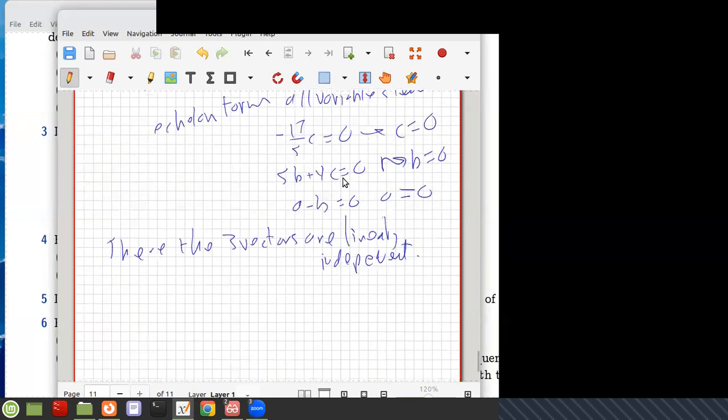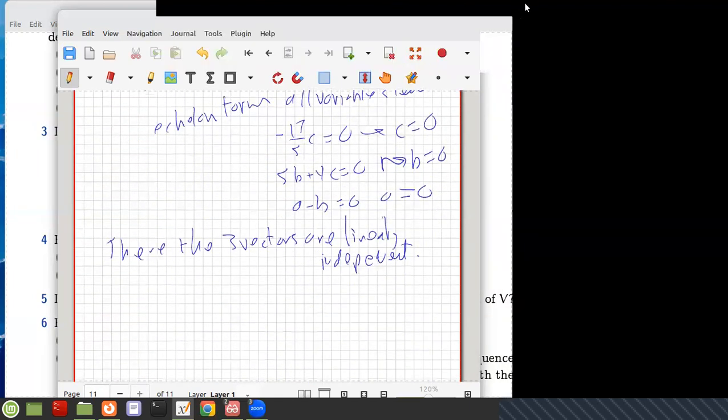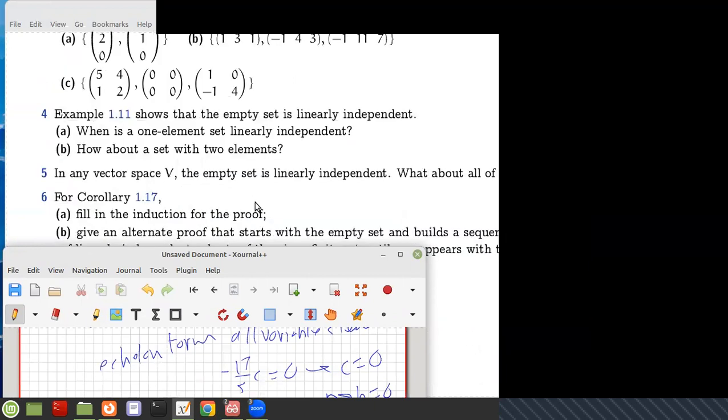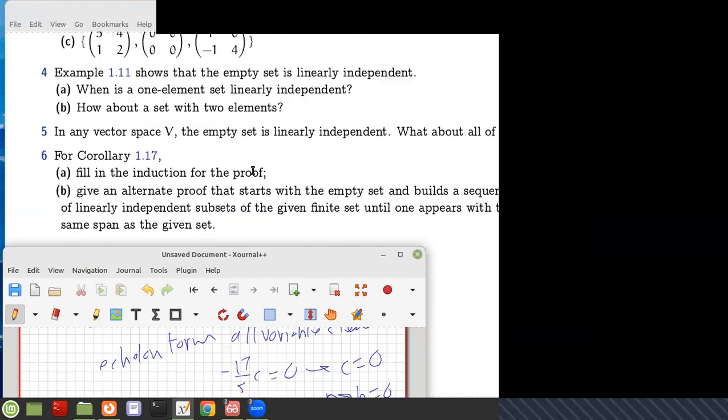Okay. So you guys okay with that? We can go through more of these, for example, here's one with matrices. Are these 3 vectors linearly dependent? Okay, let's see.